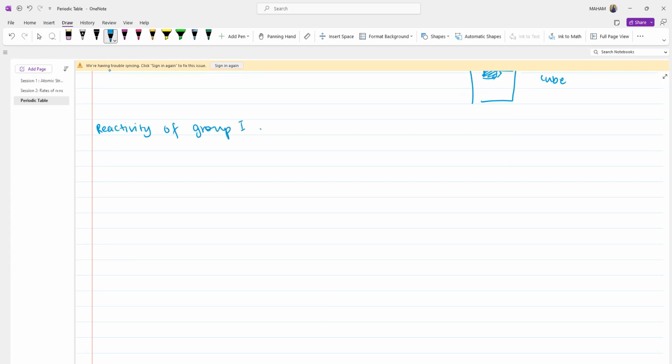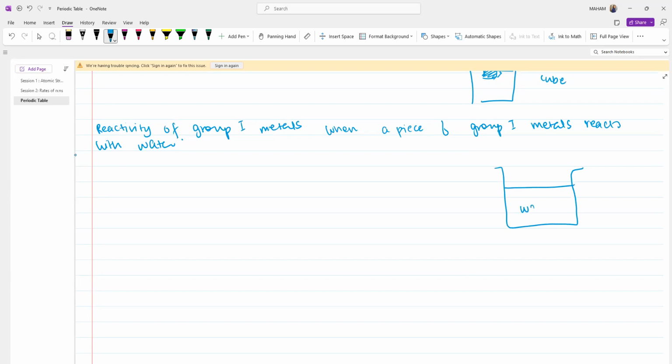Reactivity of group 1 metals. When a piece of group 1 metal reacts with water. So again, if I have a beaker that has water inside and I put in a piece of group 1 metal, what is the reaction going to look like?